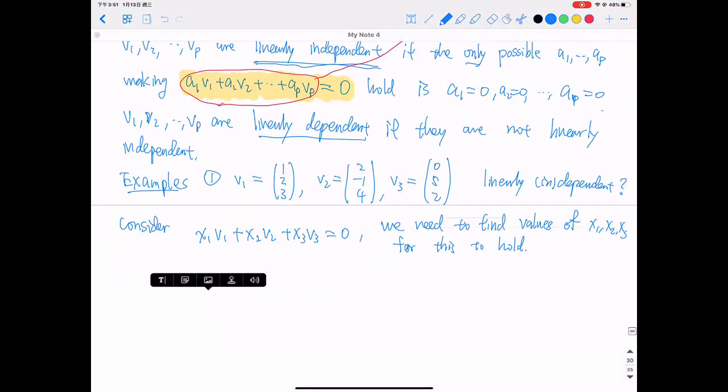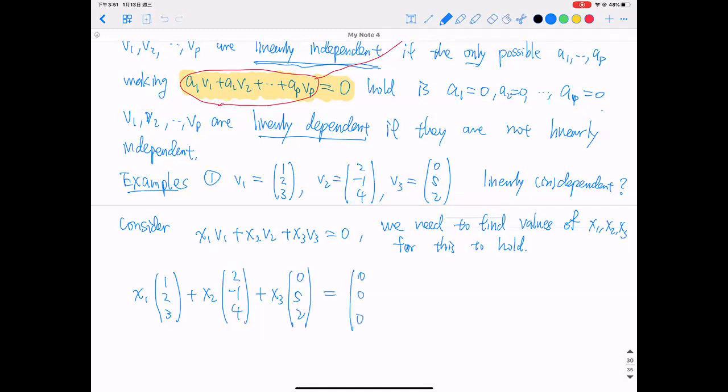Now what is this equation? This is an equation of vectors, the vectors being v1, v2, and v3, and they are these guys. Just like what we discussed before, this is a way of writing a linear system.